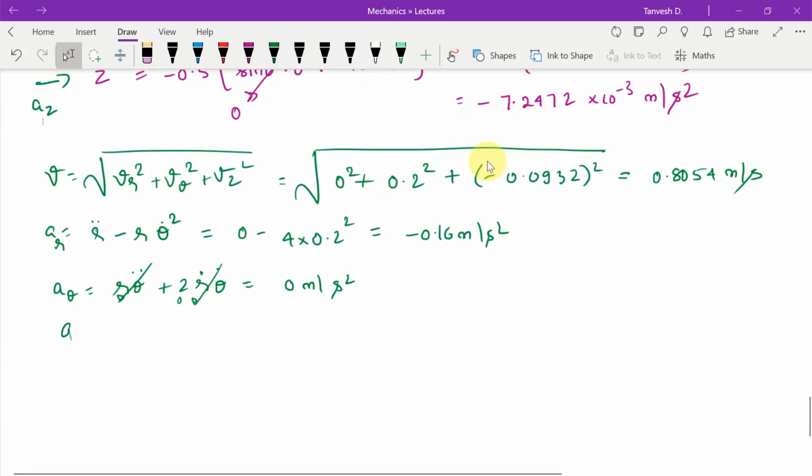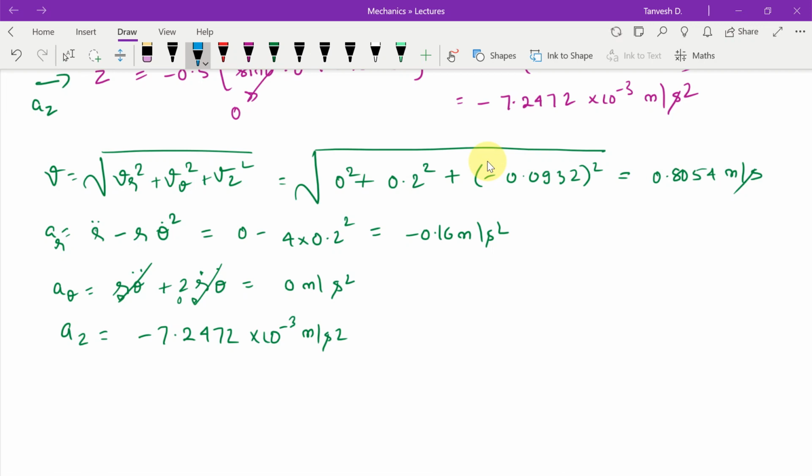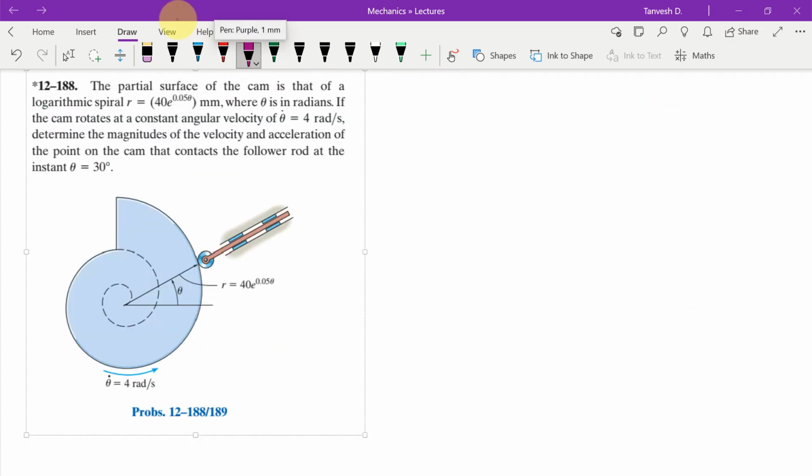So Az is equal to minus 7.2472 into 10 raised to minus 3 meters per second square, and your total acceleration, under root of Ar square plus A theta square plus Az square, is equal to 0.1602 meters per second square.